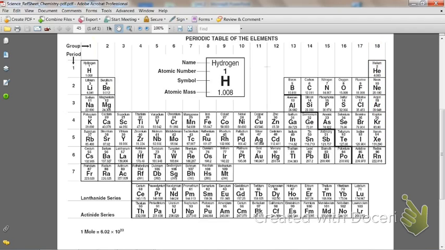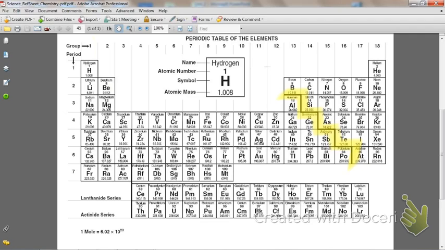Alright, now let's go to that dividing line that we were discussing earlier. If you look closely here at our periodic table, underneath boron and above aluminum, there is a dark line, and I'm going to trace that line with this highlighter. And that line right there is our dividing line in the periodic table.